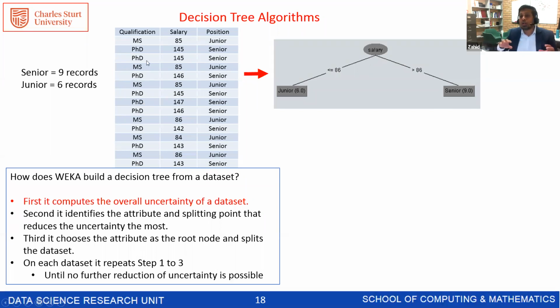Then it tries to understand the suitability of this attribute, qualification, in classifying the class attribute, in distinguishing the values of the class attribute: how clearly this attribute can divide the class attribute into two homogeneous groups. One group is senior only in this example, another group will be junior only. So can it do it, and how accurately can it do it?